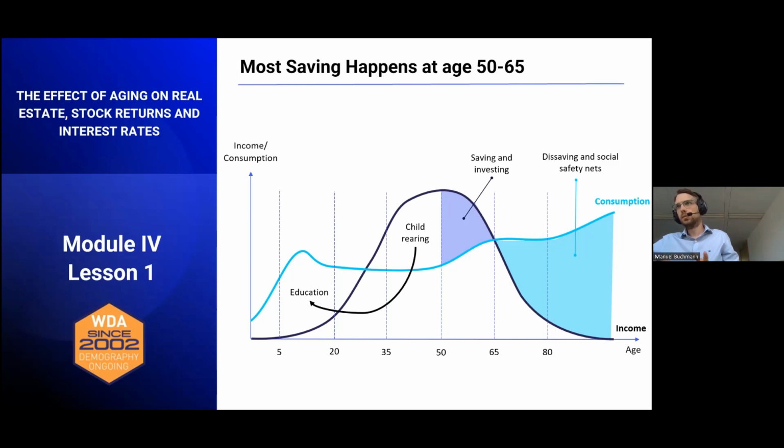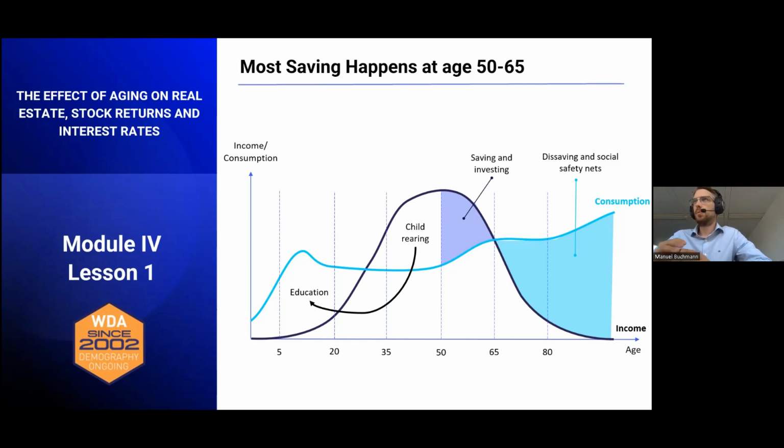And then around age 65, it flips around. So income goes down and consumption keeps increasing. And now we have a big deficit. And this deficit is financed mainly through two ways. One way is this saving of the savings that we made between ages 50 and 65. We start consuming these savings.